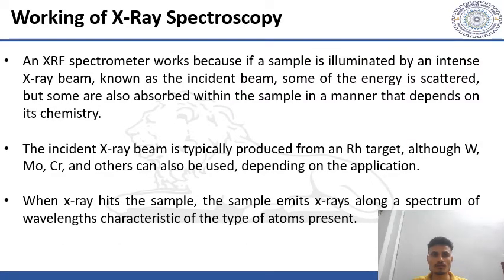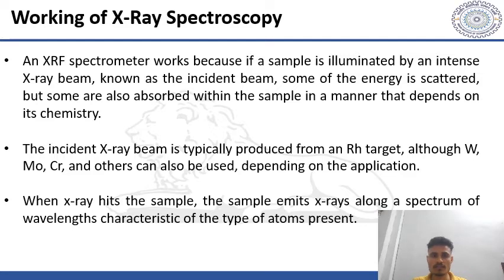Now let's talk about the working process of X-ray spectroscopy. X-ray spectroscopy works because when an X-ray beam is incident on a sample, some of the energy is scattered, but some is also absorbed within the sample, in ways that depend on its chemistry.